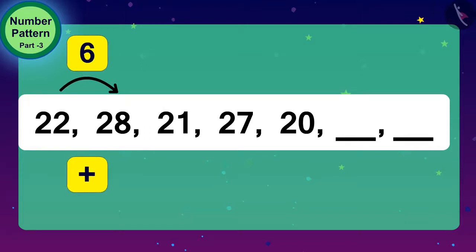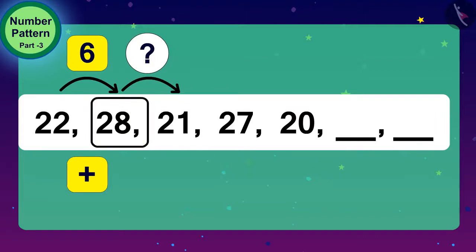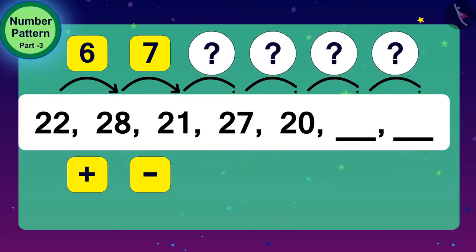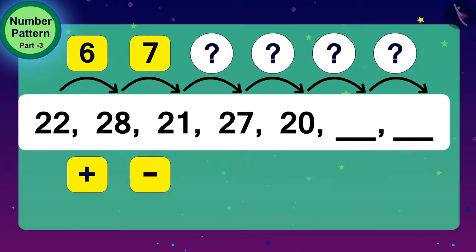And what do we have to do to get 21 from 28? Yes, we have to subtract 7 from 28. Have you got any rules so far? No? No problem. Let us look at the next number.